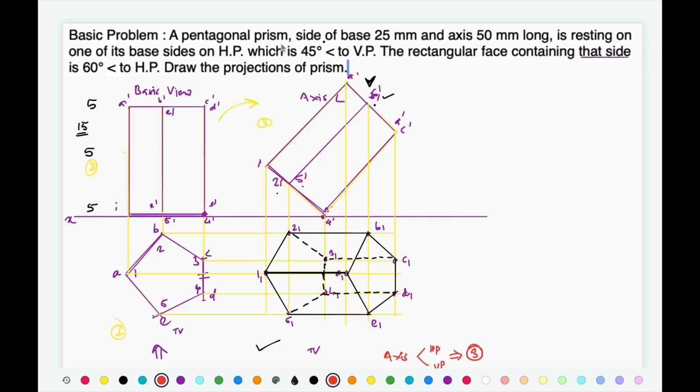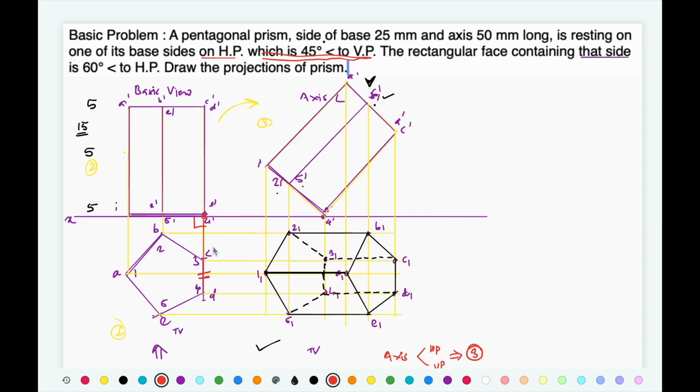A pentagonal prism, side of base 25 mm, axis 50 mm, resting on one of its base sides on HP. Everything is the same. Now what they have given is that the side which is in HP, that same side is 45 degrees inclined to VP. Now if you consider that resting side as this side, that side is perpendicular to XY.